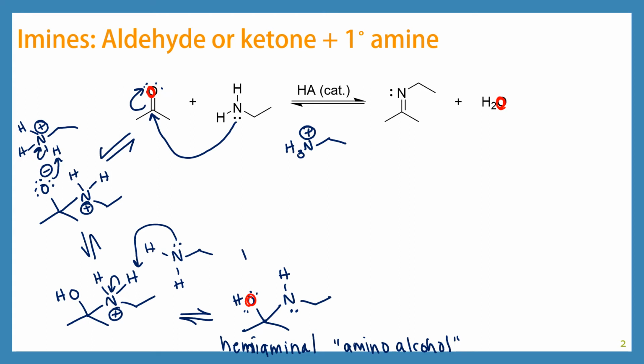I'm going to save us a little bit of time and just draw out an H+, but it's likely pulling it from the ammonium molecule. And this gives us a positively charged oxygen, which is going to be our leaving group.